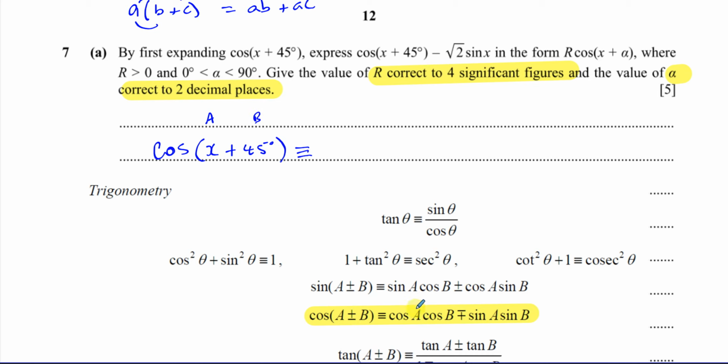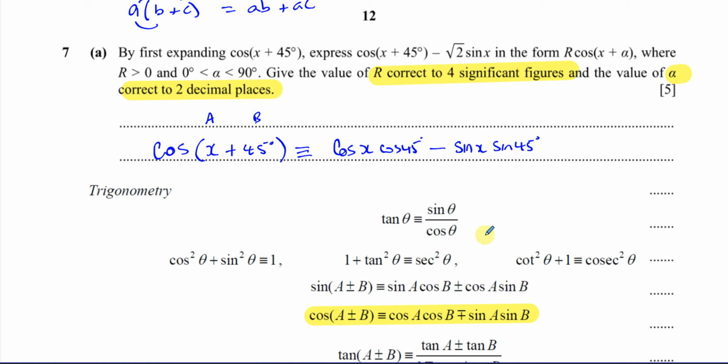So you have cosine a, so it's cosine x, times cosine b, which is cosine 45. And if there's a plus here, there's a minus there. So minus, and the sine of x times the sine of 45 degrees. All right, so that's how this expands.